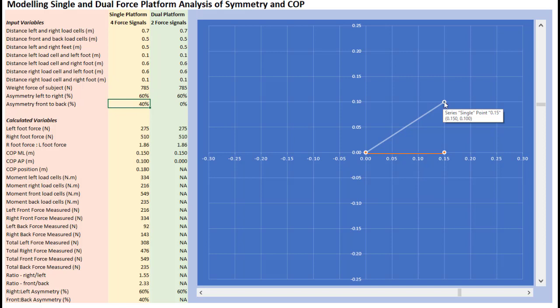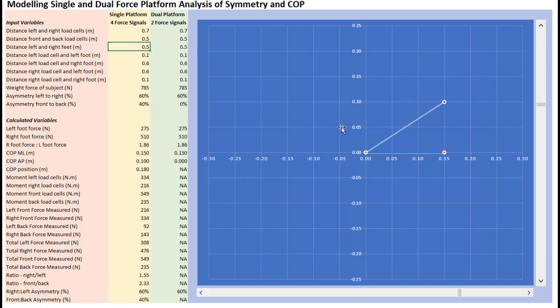It's crucial for the measurement of balance and stability. And so this is a disadvantage of the dual platform systems, that they're unable to resolve any shifts in force in any plane other than left to right. And they can only determine the shift in the center of pressure to the left or right if the distance between the 2 feet is known.